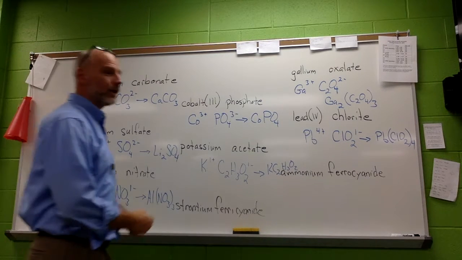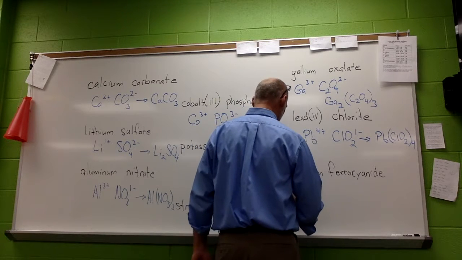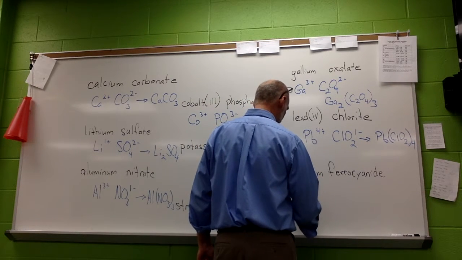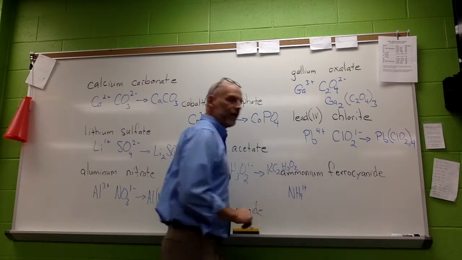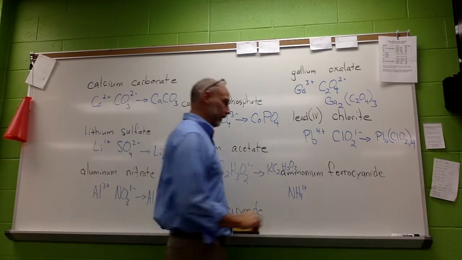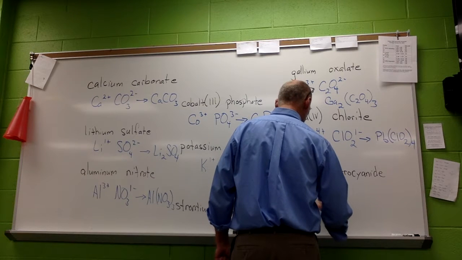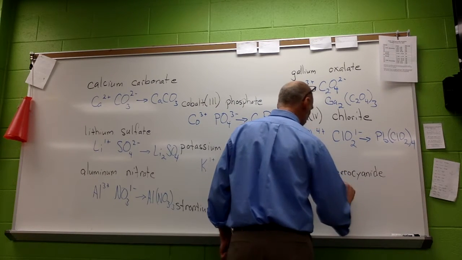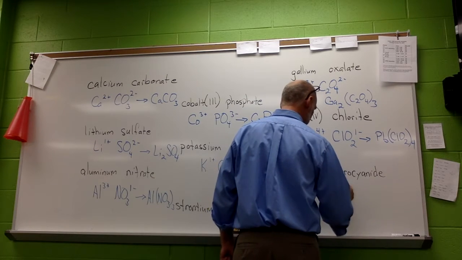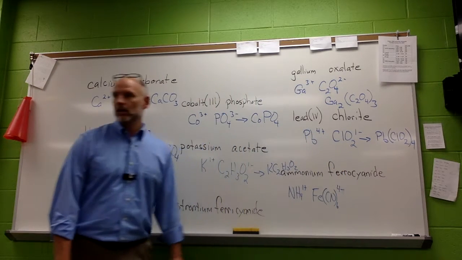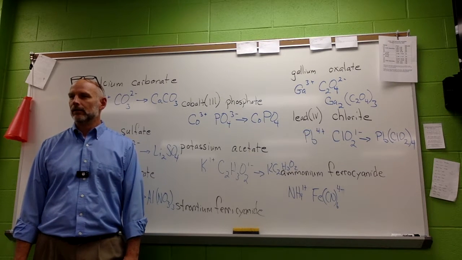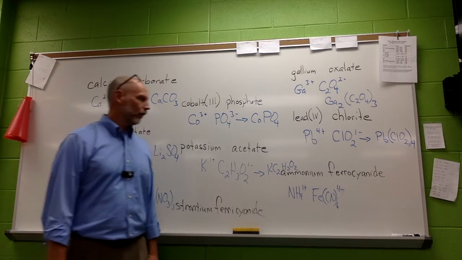We'll see what happens. Ammonium. Symbol and charge: NH4 with a 1 plus charge. Ferrocyanide is Fe(CN) taken 6 times with a 4 minus charge. Okay. Charges don't cancel.